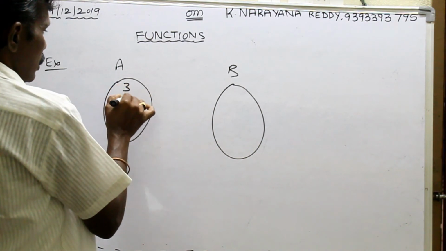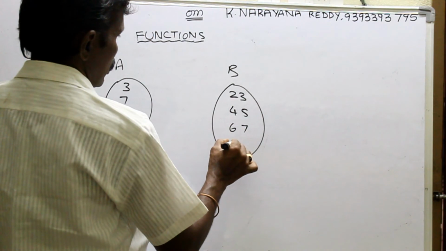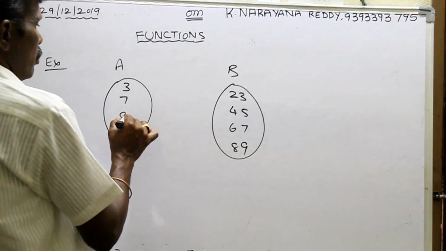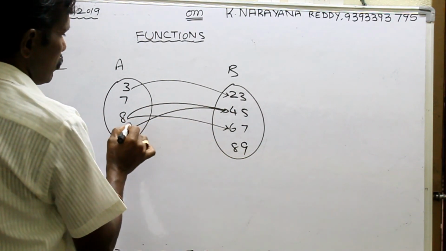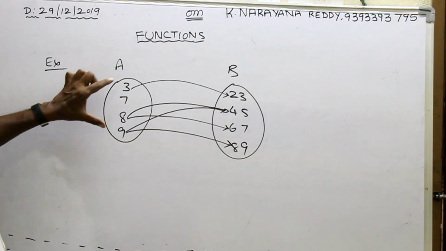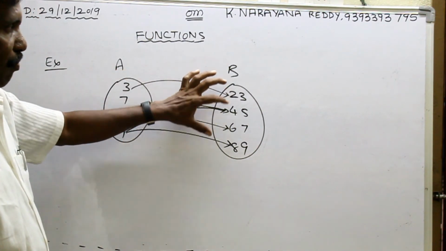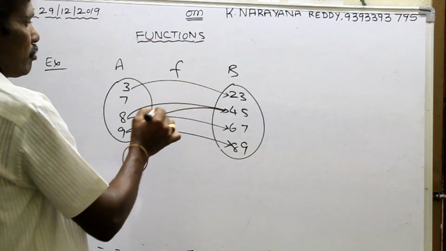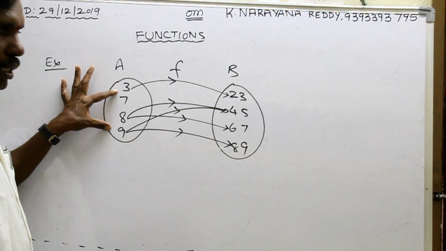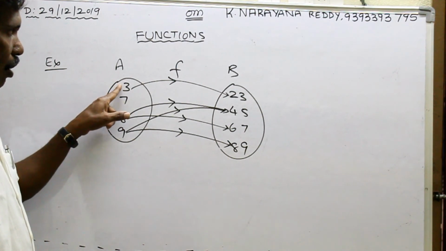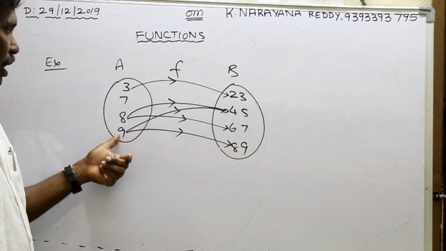Some elements 3, 7, 8, 9 in A, and 23, 45, 67, 89 in B. There is a mapping F. But the condition is, for each element in A, there is an image in B. Here, 3 will have 23 as image, 7 will have no image, 8 will have two images 45 and 67, and 9 will have two images 45 and 89.